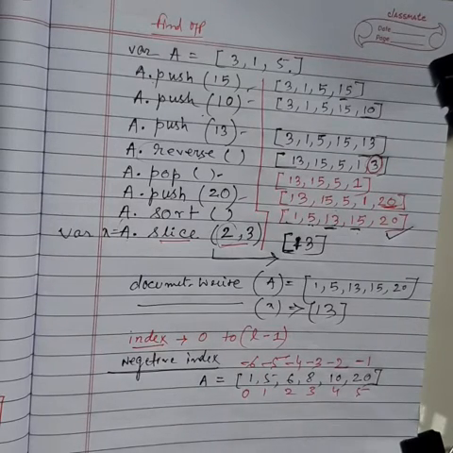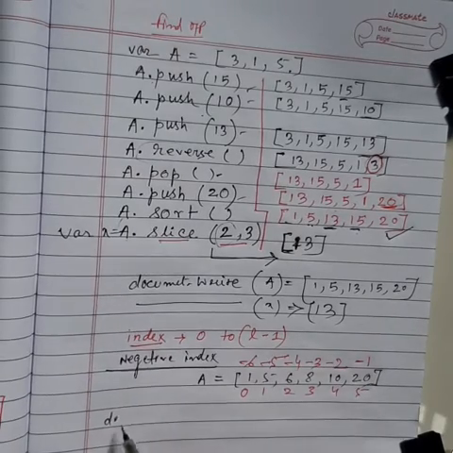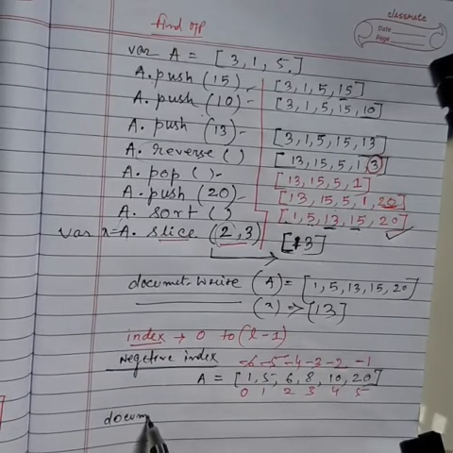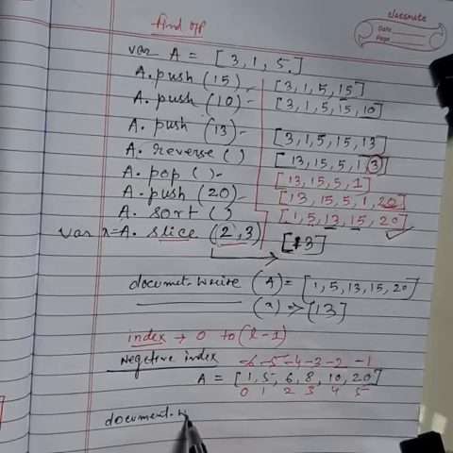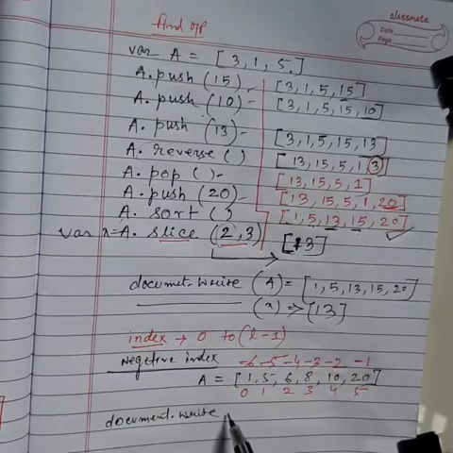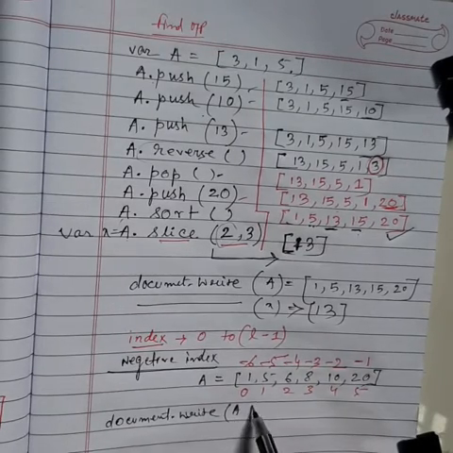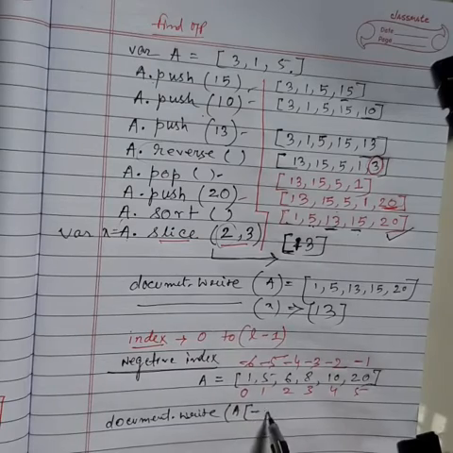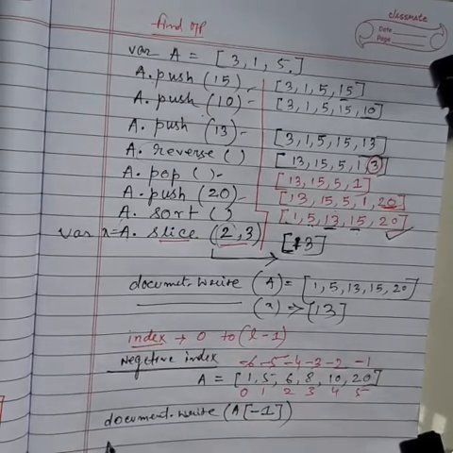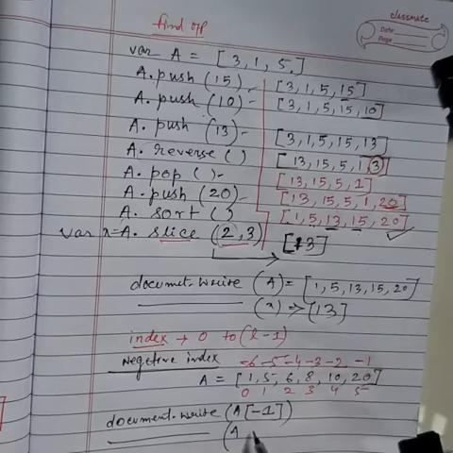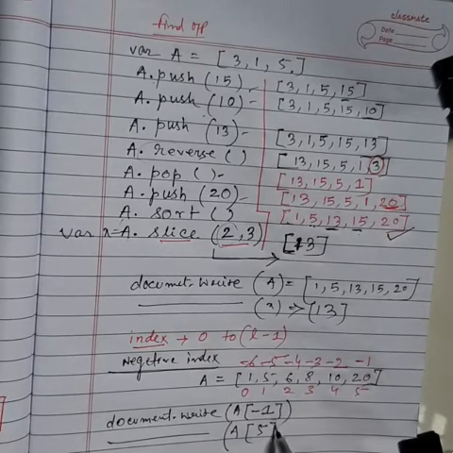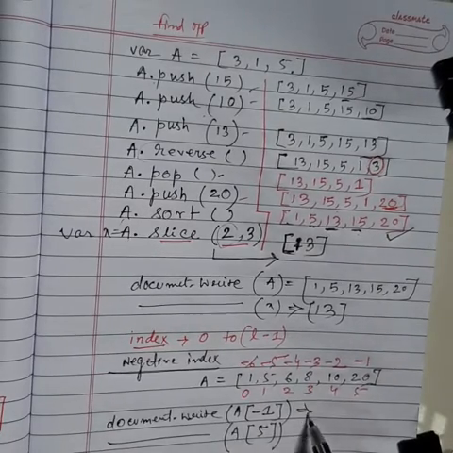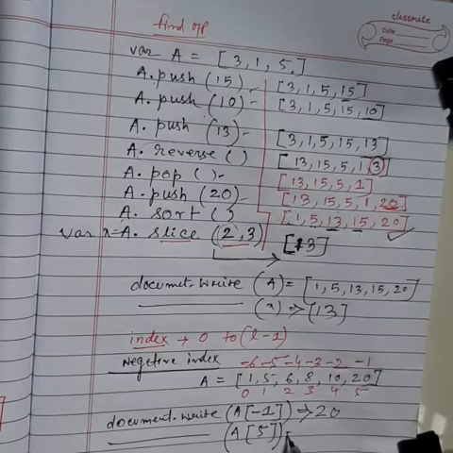So how does it work? If we write document.write a of minus 1, and document.write a of 5, for both cases it will give you the value 20. Why 20?